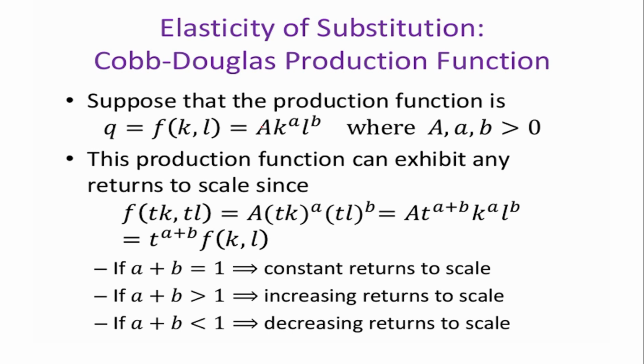Now take a look at the Cobb-Douglas production function. As we know, the Cobb-Douglas production function is that, where A is the representative of efficiency for this technology, and small a or alpha represents the proportion of K, and b represents the proportion of L in the production function.